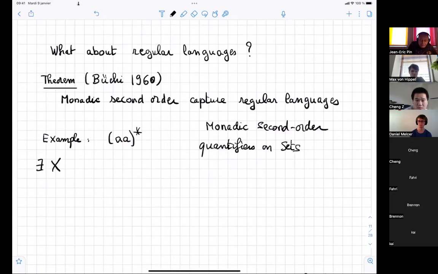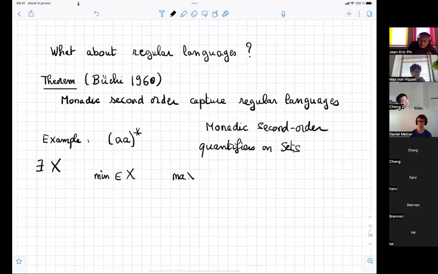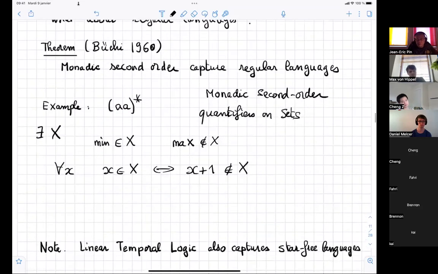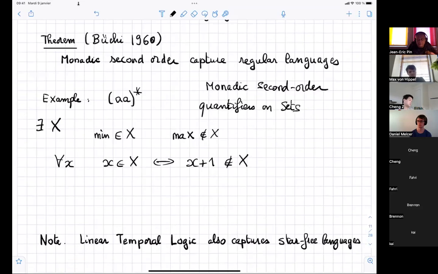There exists a capital X, so this is a set of positions, such that the first position, which I call min, is in X. The last position is not in X. And for all x, x in X is equivalent to the successor, x plus 1, not being in X. So I'm cheating here because I'm using min, max, and plus, which are not defined, but I can express them by a first order formula. Let's use this as an exercise.